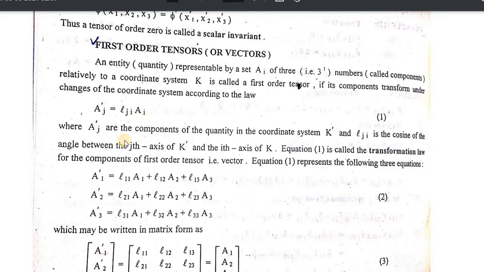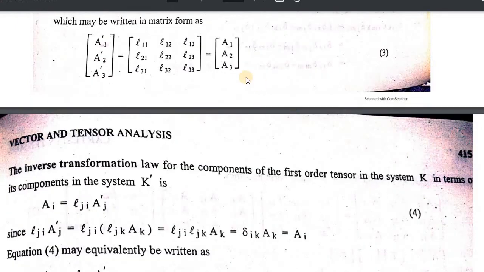If we write this into its components, for j equal to 1, 2, 3, we get l11, l12, l13, and similarly l21, l22, l23, and l31, l32, l33, multiplying a1, a2, a3. If we write this in matrix form, then a1 dash, a2 dash, a3 dash is equal to the matrix l11, l12, l13 and so on, times a1, a2 and a3.